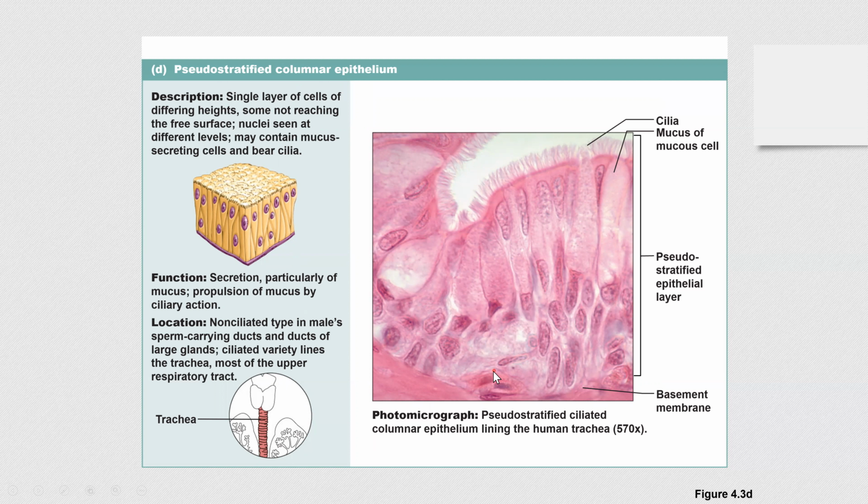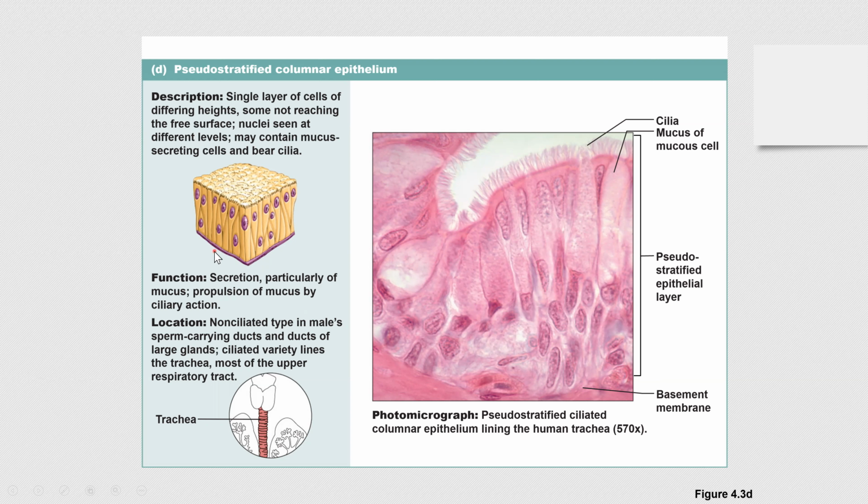Plus, stratified columnar is very rare. So if you see what looks like many layers and big, tall columnar cells, that is most likely going to be pseudostratified.